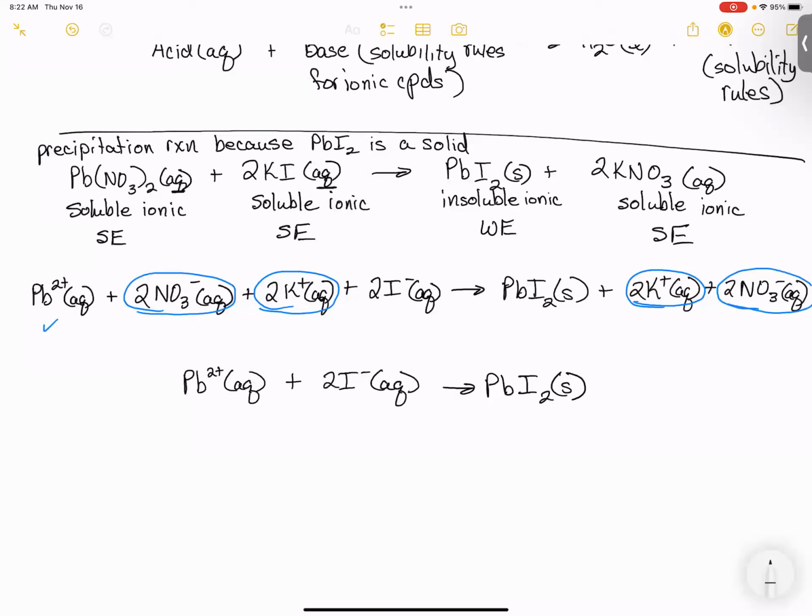Second mistake I tend to see is people want to not only bust up the ions, but they want to bust up the polyatomic ions. If it's a polyatomic ion, it does not get busted up. Polyatomic ions come down as a polyatomic ion. Those are common errors that I see.